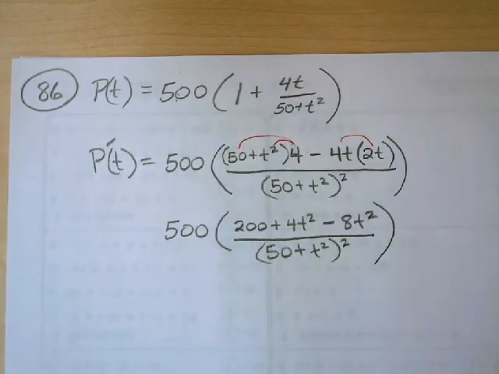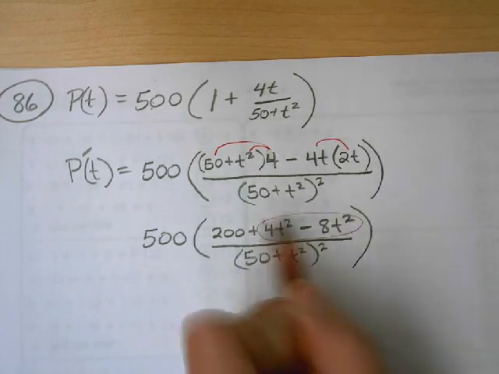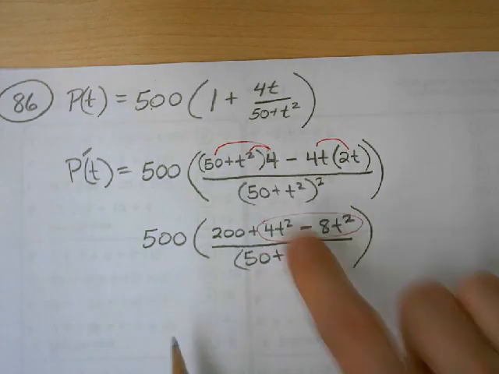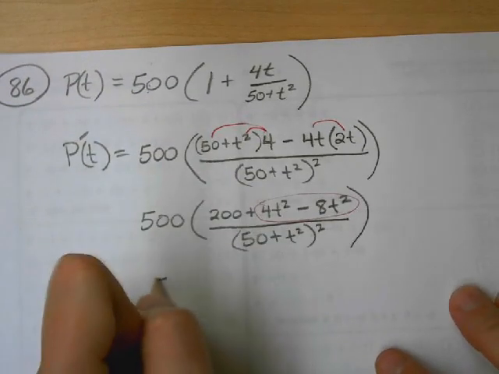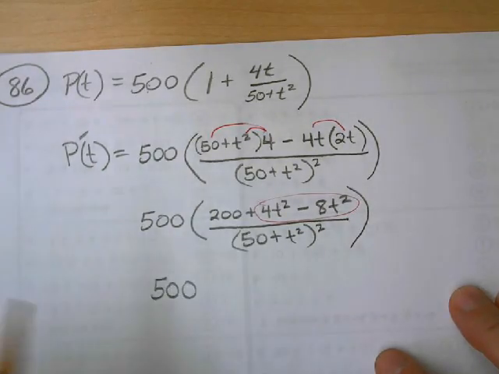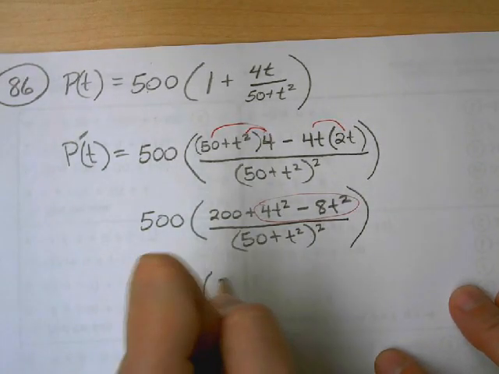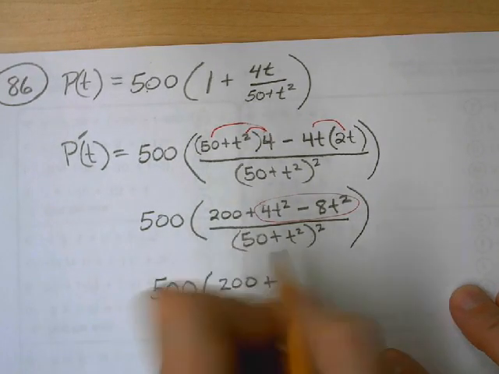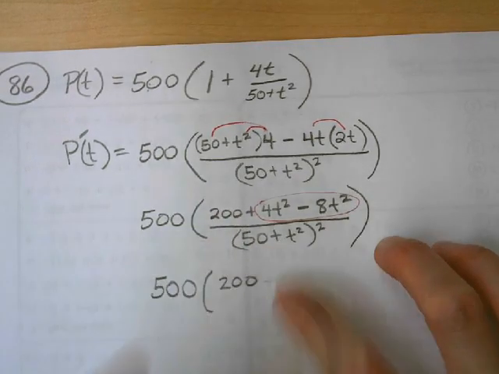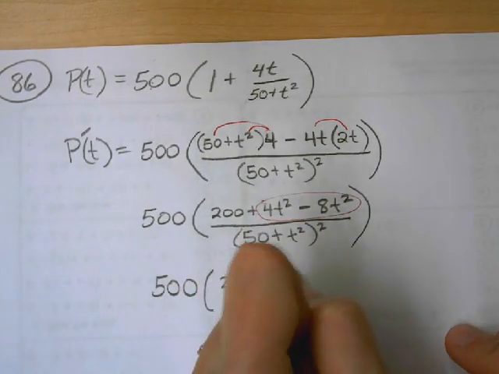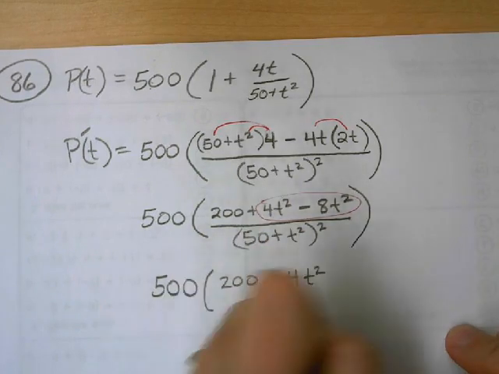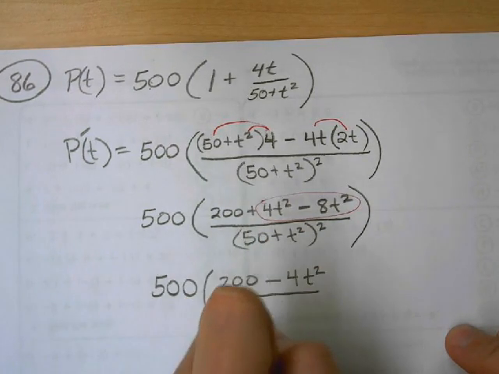I would just combine the 4t squared minus 8t squared and leave it like that. So you got 200 minus 4t squared over this denominator squared.